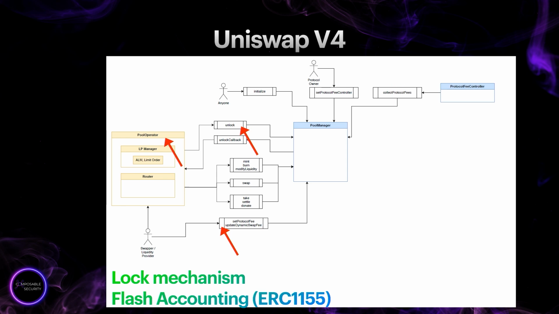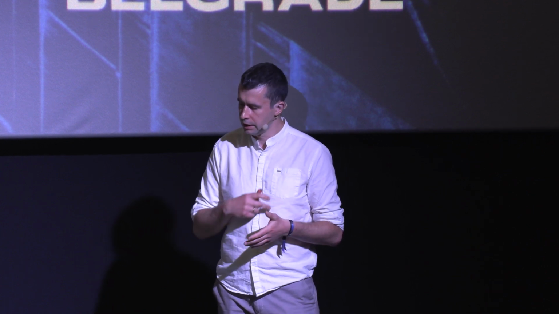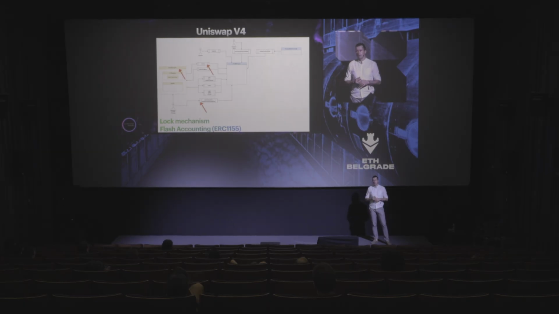So the pool operator calls the unlock function on the pool manager. And when you unlock the pool manager, you can do multiple operations like minting, burning liquidity, swapping, all of that, like taking a flash loan. But in the end, your balances have to be settled. So you can think of it like a flash loan.